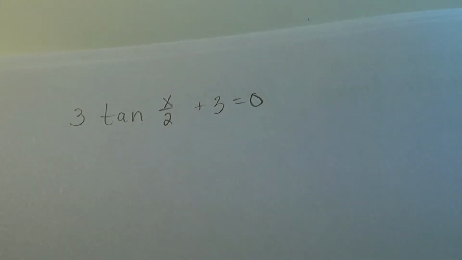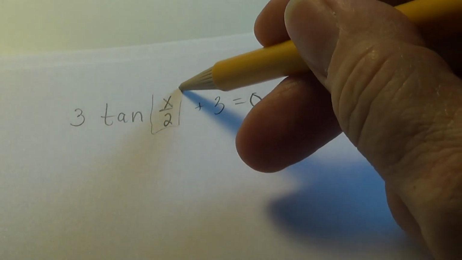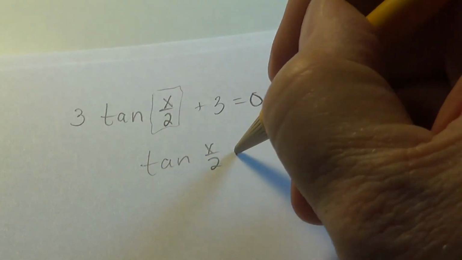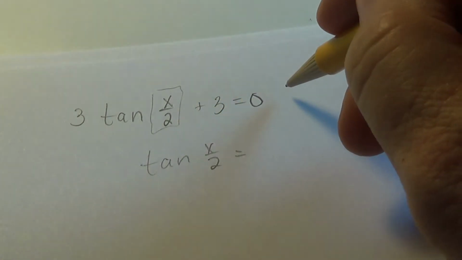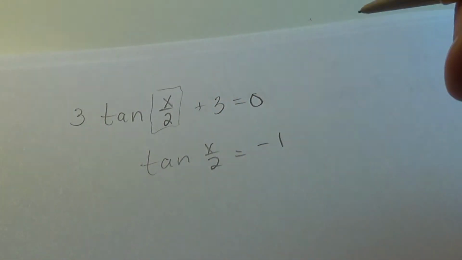On this one, instead of having a double or tripled angle, we have actually half of an angle, which is going to work similarly. So get tangent of x over 2 by itself. So you move the 3 over, it becomes minus 3, divide by 3, and we get a minus 1.